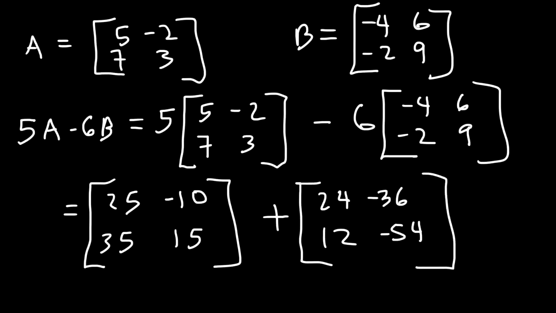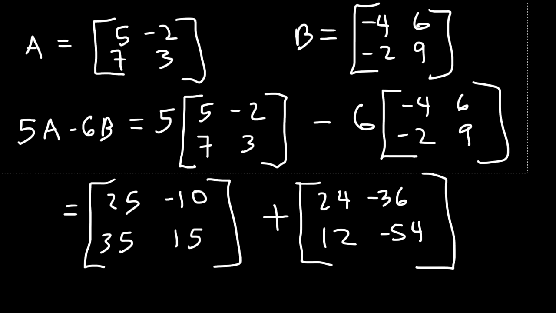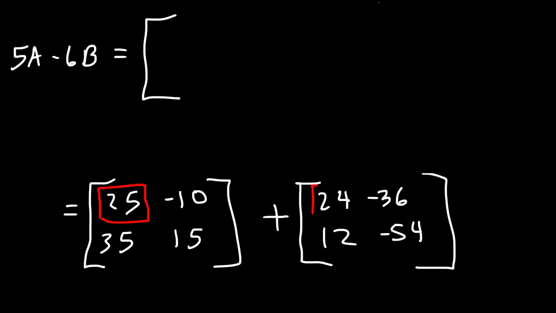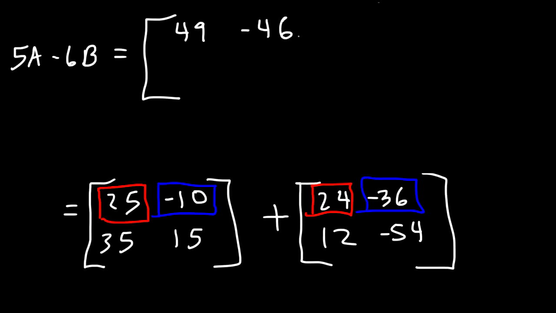So now, all we need to do is add the two matrices. And this will give us the value of 5A minus 6B. So let's add the elements in the first row, first column. 25 plus 24, that's 49. And then let's add the elements in the first row, second column. -10 plus -36 is -46.